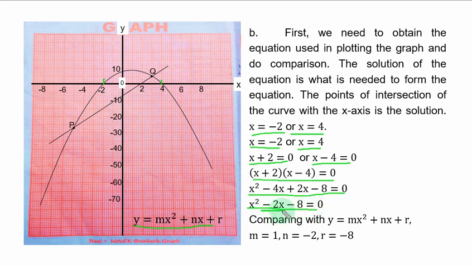So if you compare this with this, you see that m is the coefficient of s squared. So m is equal to 1. n is the coefficient of s, so n is equal to -2. And arrow is the constant term, so arrow is equal to -8.